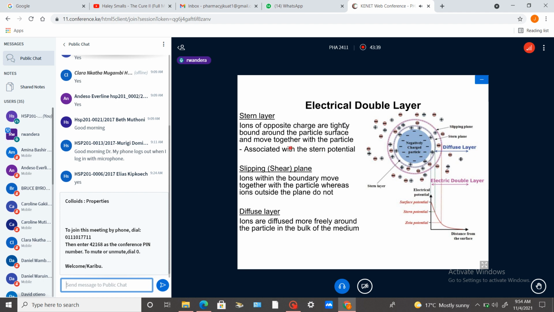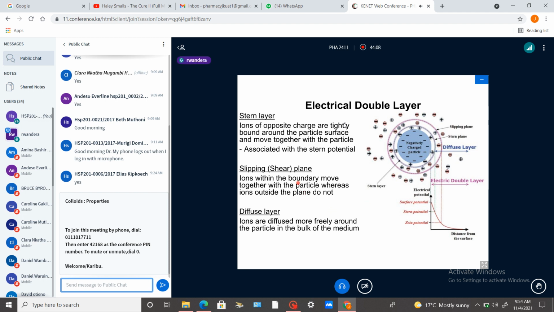So as I've said, in the Stern layer you'll have ions of opposite charge tightly bound around the particle surface that move together with the particle layer. So the potential at the Stern layer is what we call the Stern potential. So there will be a potential because of the interaction of ions.